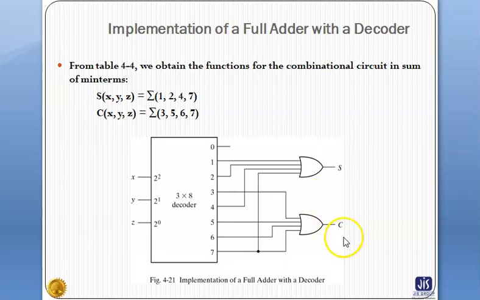This means sum 1 and carry 1. 1 1 1 means if we add 3 bits 1 1 1, output will be 1 1. So this circuit will be working as a full adder. So this full adder circuit is implemented with a 3 to 8 line decoder with the help of 2 OR gates. Okay.